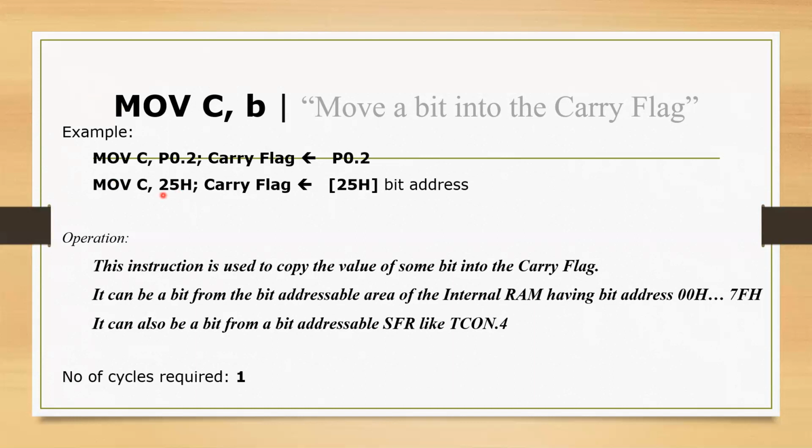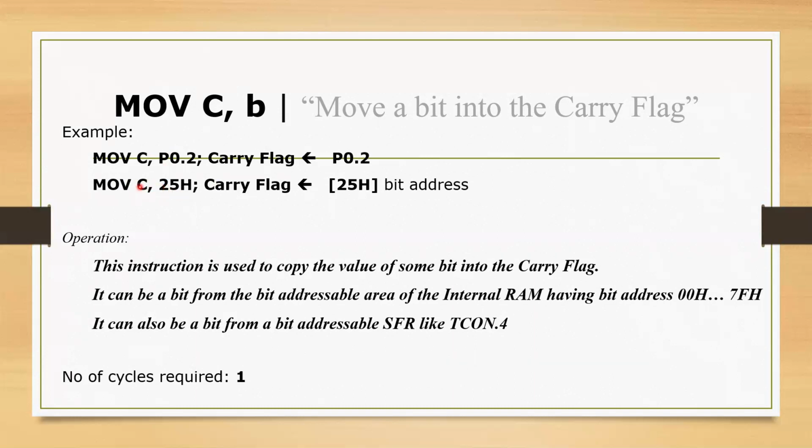Moving to the carry flag means we are moving only a bit. The carry flag can hold only one bit. We have 25 hex byte location and 25 hex bit location. Here 25 hex means the bit location, because we are moving to the carry flag, which holds only one bit.